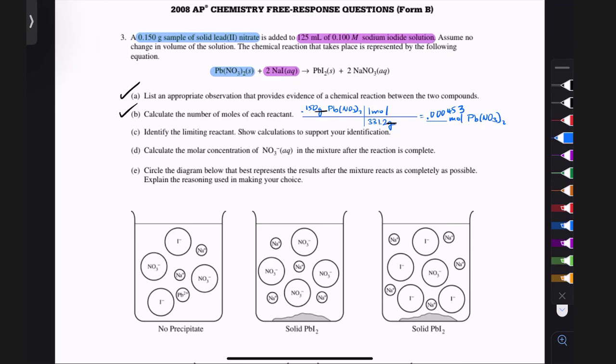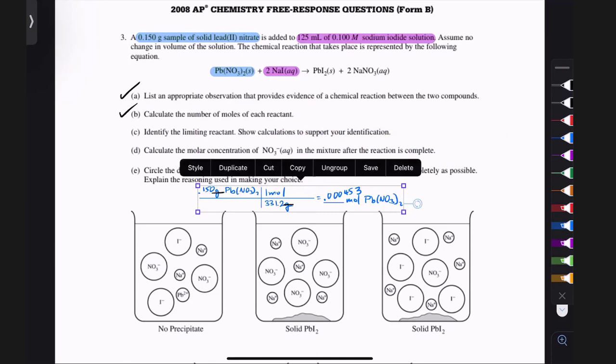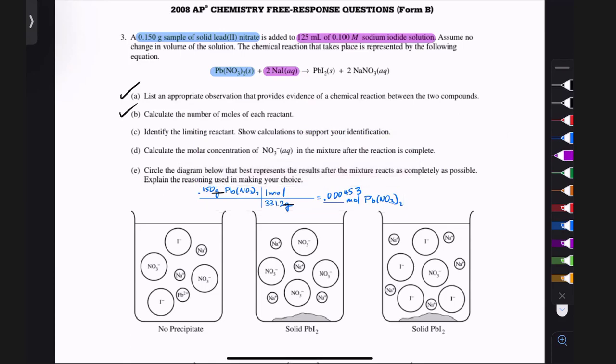The other would be the matter of the other reactant, the sodium iodide. Let me put this aside for the time being, and let's go to this. So you have 125 milliliters, and that is the molarity. Here's a little shortcut technique: you could take molarity times the volume, and you always get moles.